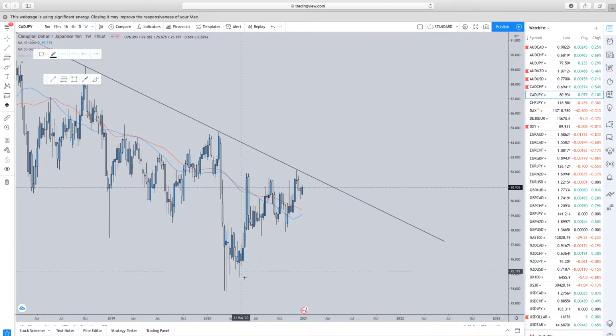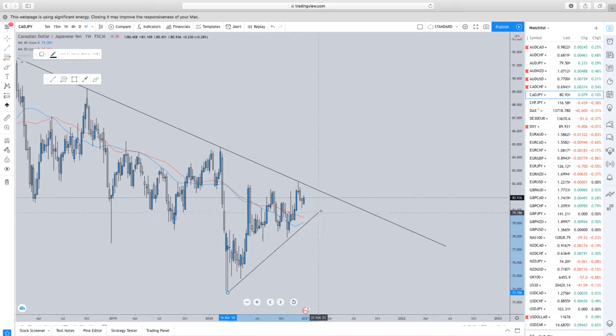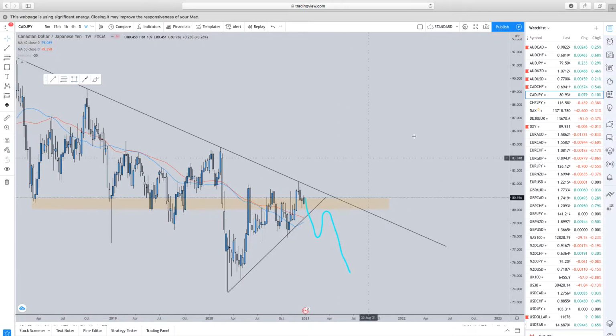So for the moment, there's nothing here, but I want to be looking for a move like this and selling this resistance level. Something like that. You'll see a retest here. That's how it plays out.